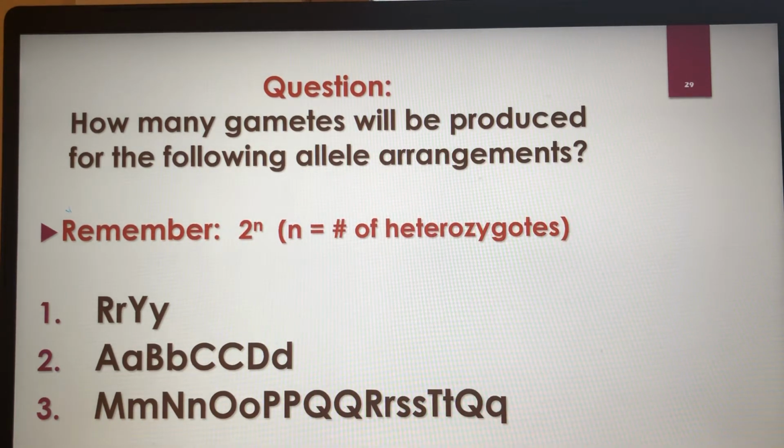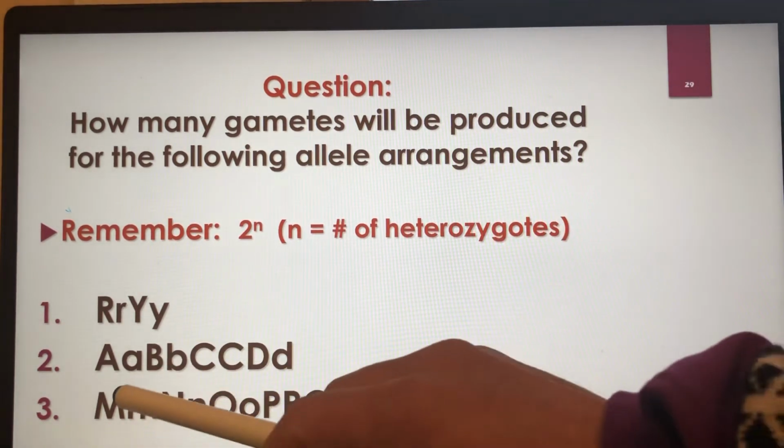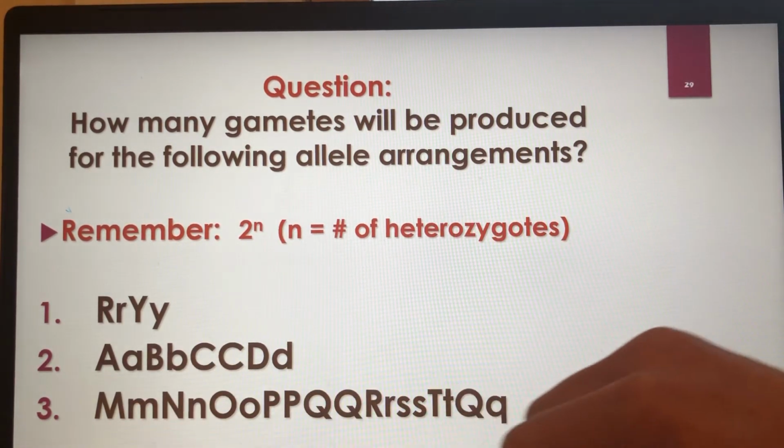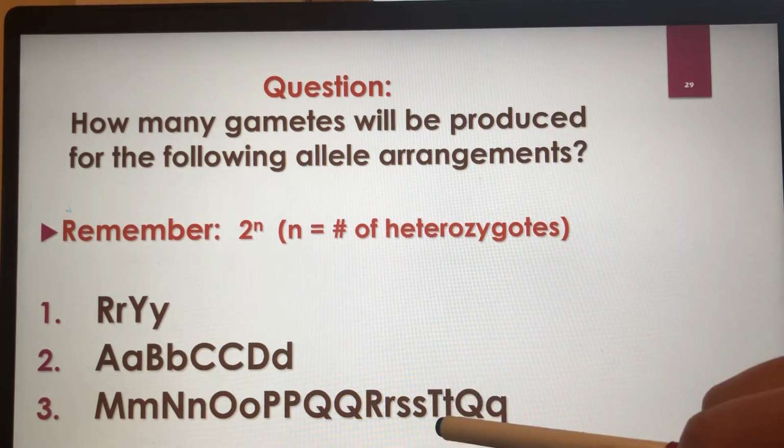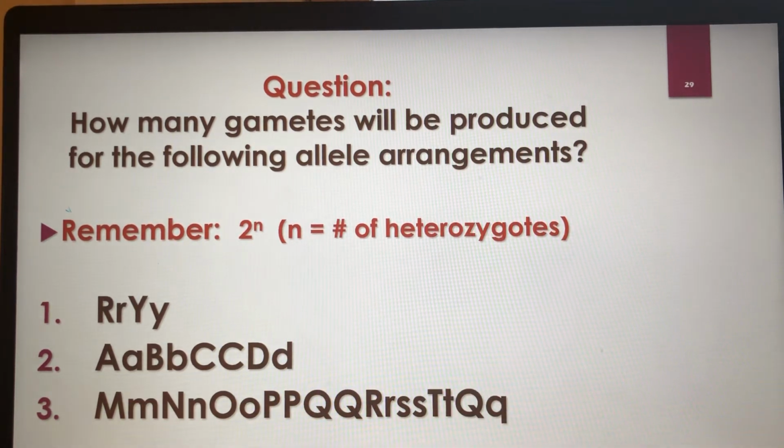The only allele combination you get there is the same one, because they're two capital C's. Now let's look at this last one. You have 6 different heterozygotes. Let's recount.